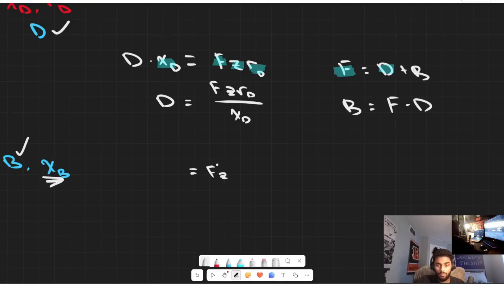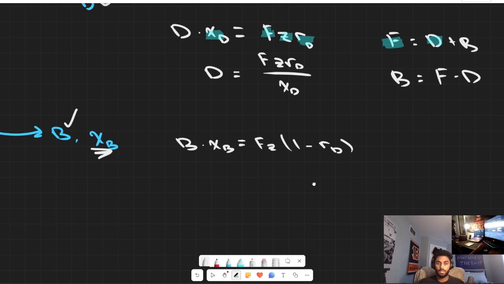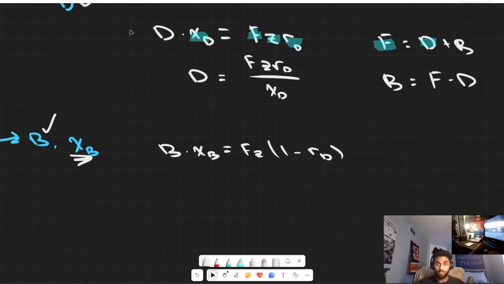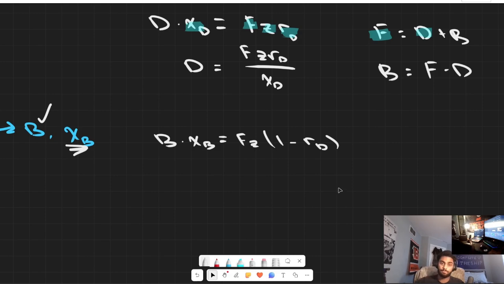So now we're going to do the feed times the composition times 1 minus the recovery in the distillate. And instead of now calculating for the distillate, we're now looking at our bottom stream. So this is very similar to the initial equation that we derived out of the mass balance.